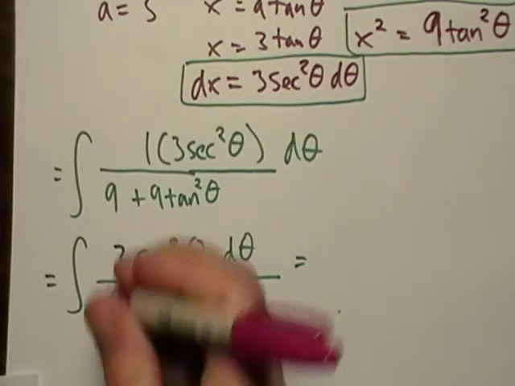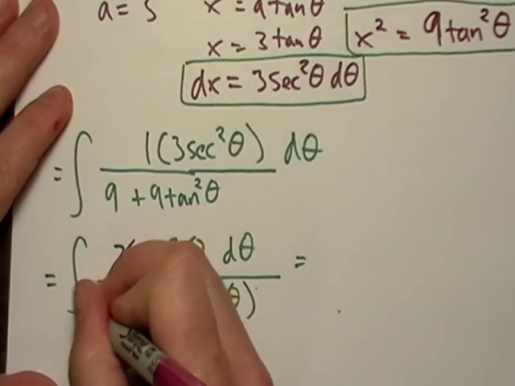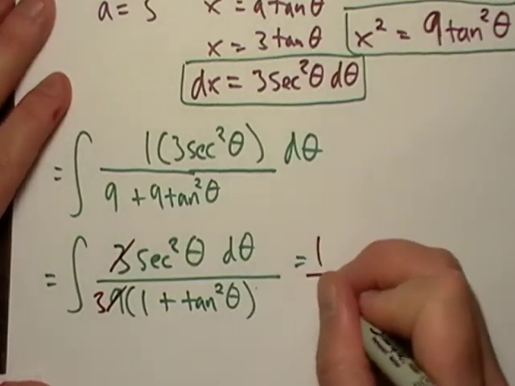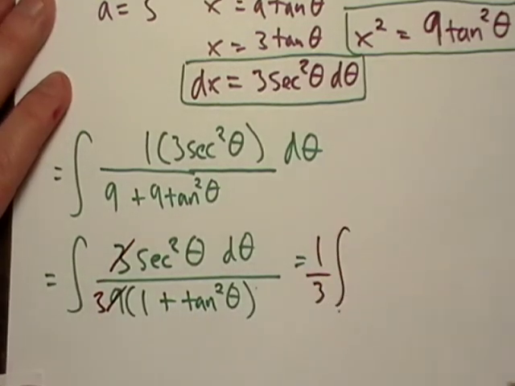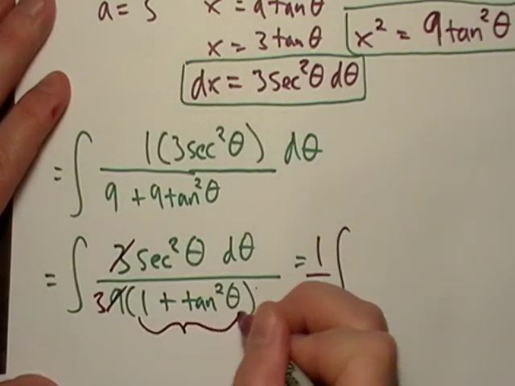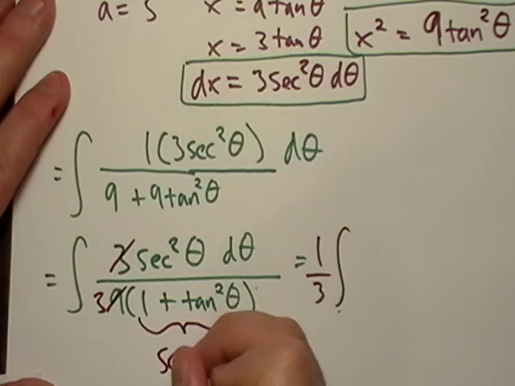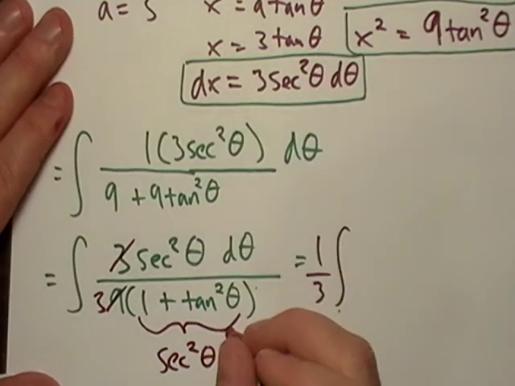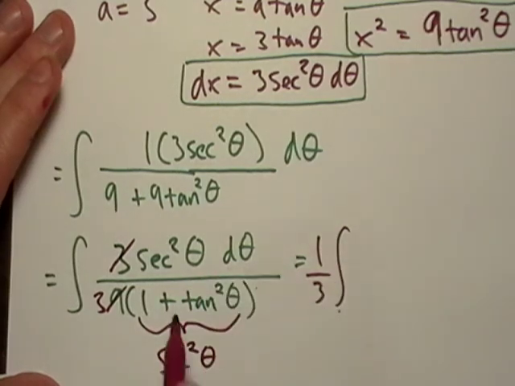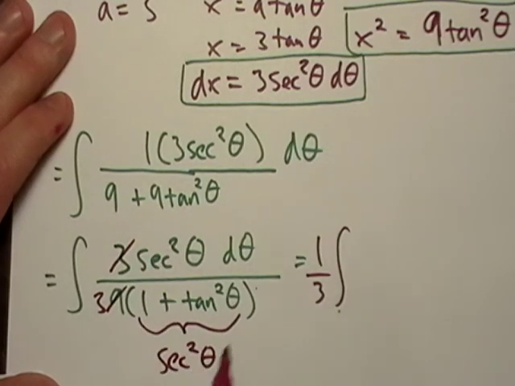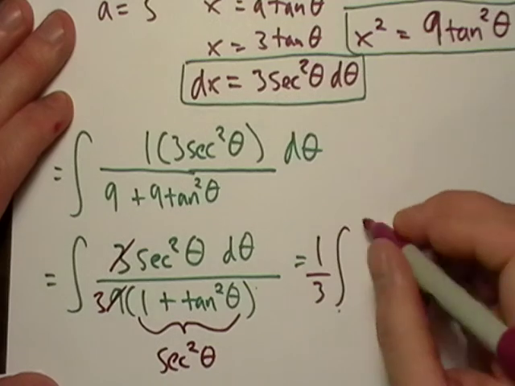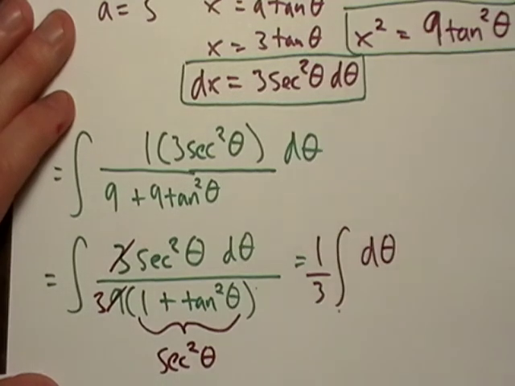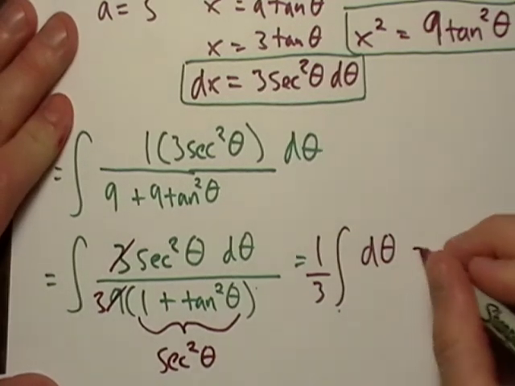That's just 1/3, so I'm going to pull that constant out of here. Another thing to notice is that 1 plus tangent squared theta is equal to secant squared theta. So what do we end up with? We pretty much end up with 1/3 times secant squared theta over secant squared theta, which is just 1 d theta. Okay, so that's pretty simple.